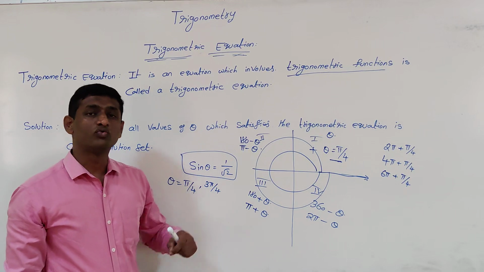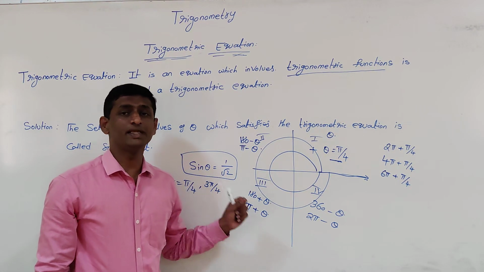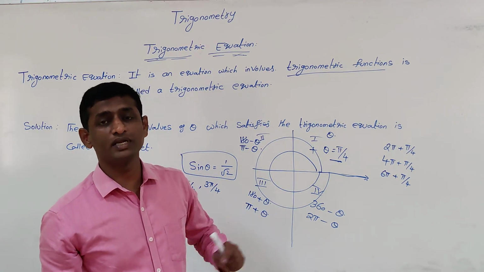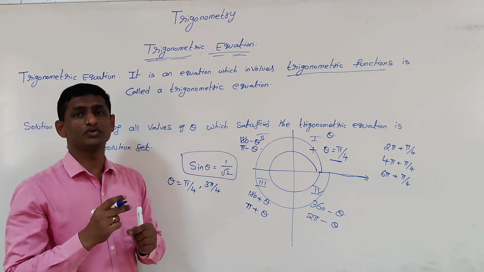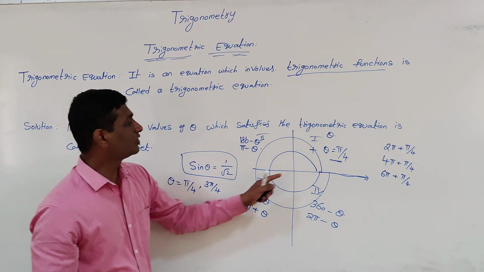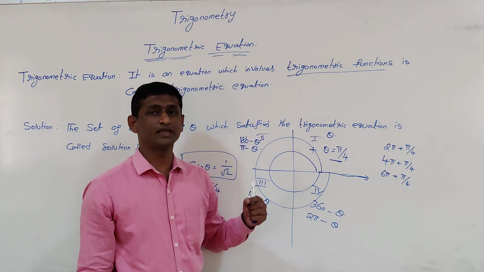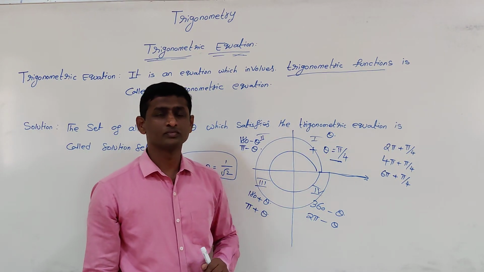Why are we getting this type of solutions? Because sin x is a periodic function, and the period of the sine function is 2 pi. Means for every 2 pi units, the values remain the same. So if theta is pi by 4 and you add 2 pi, you will get the same value, that is 2 pi plus pi by 4.